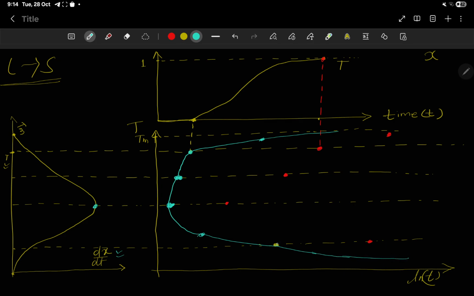These points are the starting of transformation, and these red points are the finishing of transformation.